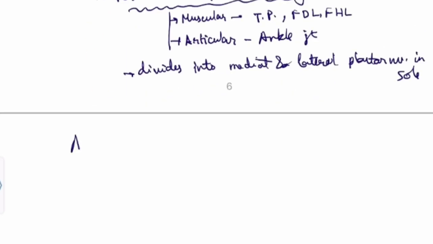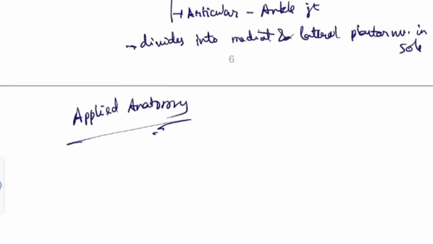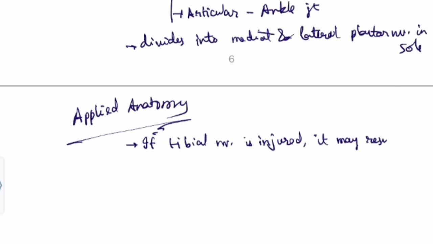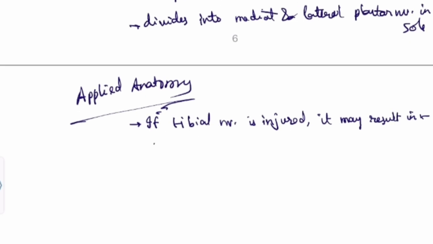Moving on to tibial nerve's applied anatomy. So what can be the applied anatomy? Just basic compression. That will be more than enough for applied anatomy. If the tibial nerve is injured, it may result in motor paralysis of all the muscles that it supplies.